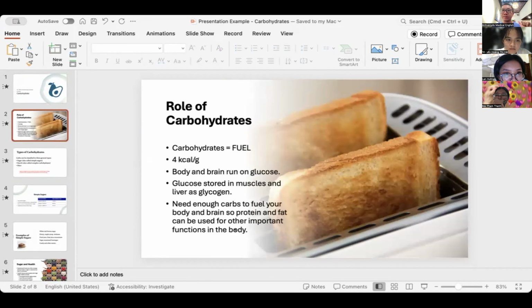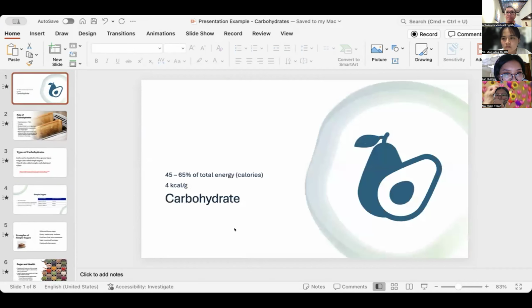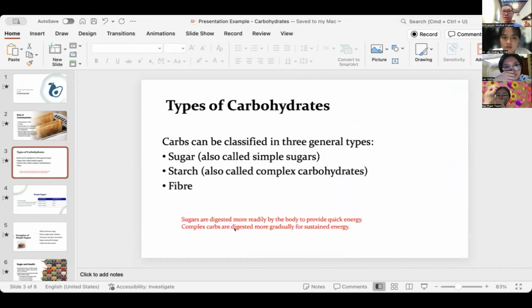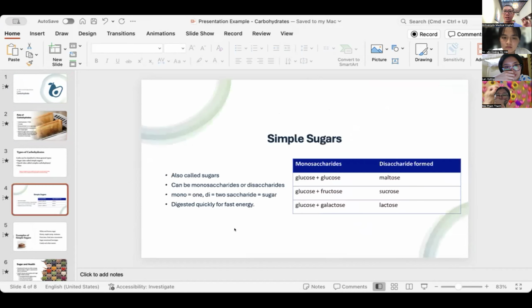We need to know how to introduce the topic. So, for example, firstly you need an introduction: Hi class, my name is Chuyên. Today I will present the topic on carbohydrates. In my presentation, I will talk about the roles of carbohydrates, the types of carbohydrates, and the classification of carbohydrates.